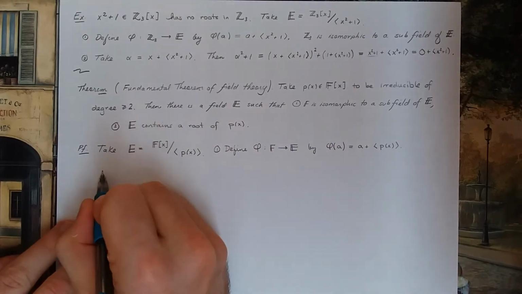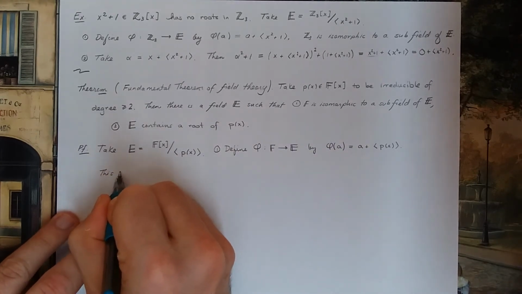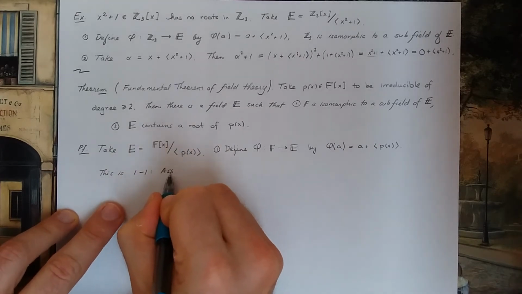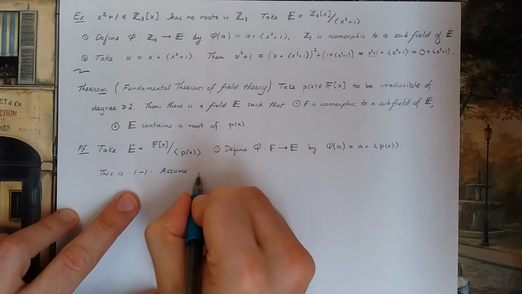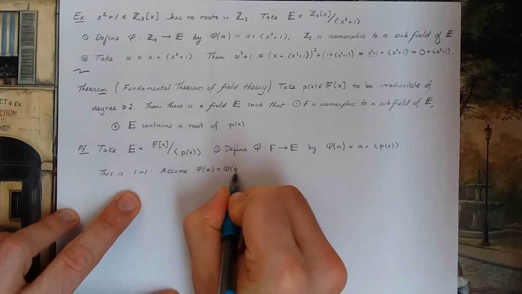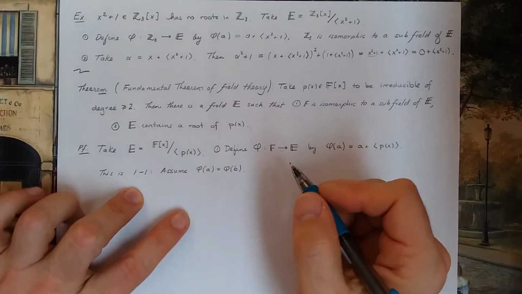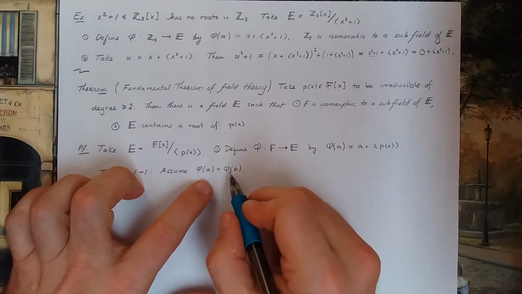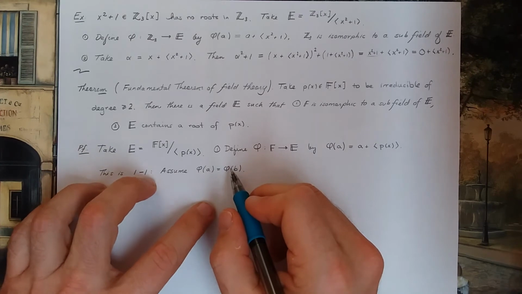So to show one-to-one, I'm going to assume that phi of A equals phi of B. Hopefully I'll conclude that A does indeed have to equal B.